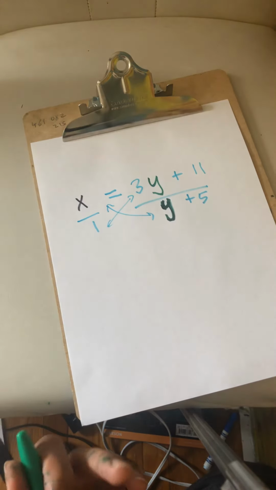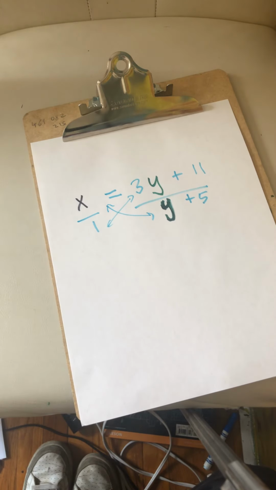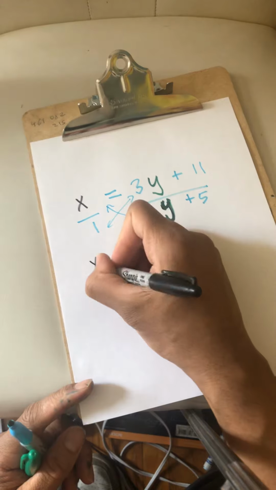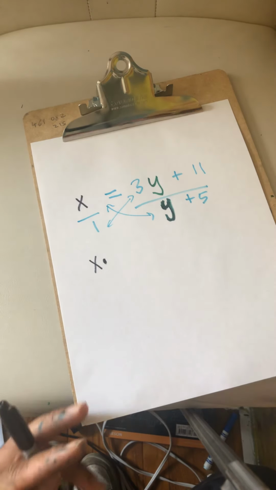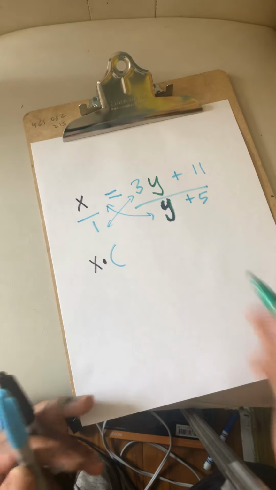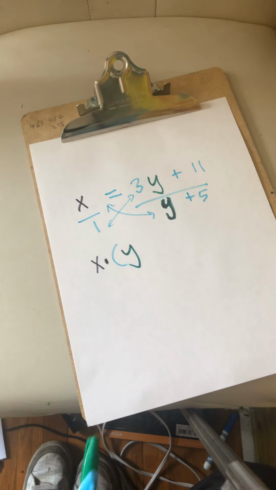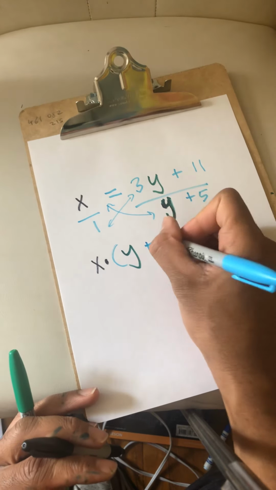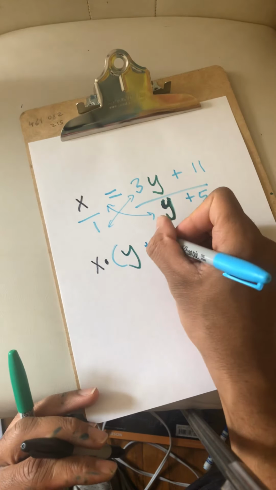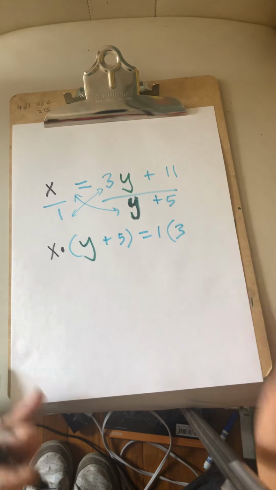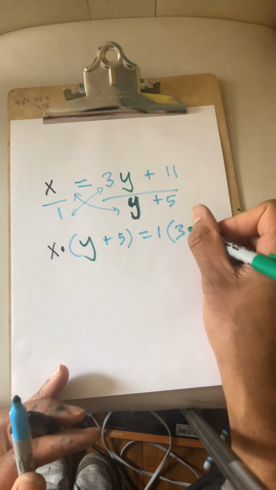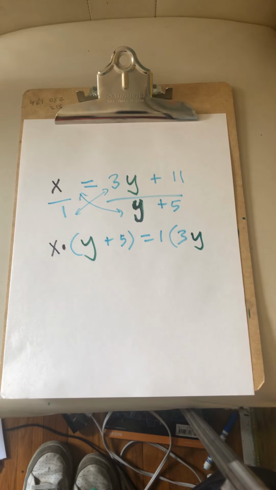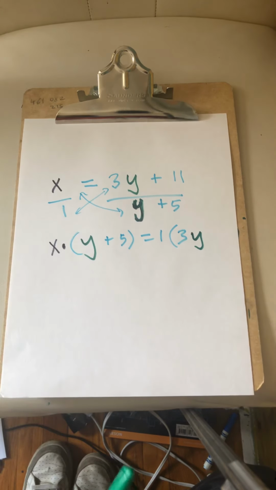What I have here is my x multiplying y plus 5, and that's going to be equal to my 1 multiplying 3y plus 11.